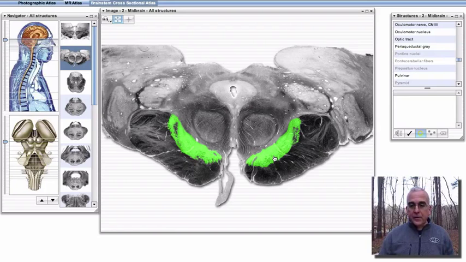Okay, let's look at the dorsal part of the midbrain. And again, if we think about what we see from the outside when we look at the midbrain, you may recall that there are these 4 bumps that we see from the outside. They're called little hills or colliculi, which means little hill. There are a pair of superior colliculi and a pair of inferior colliculi.